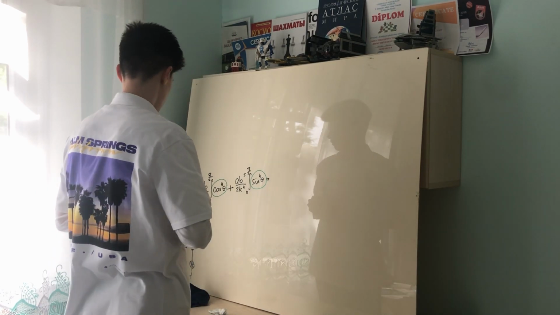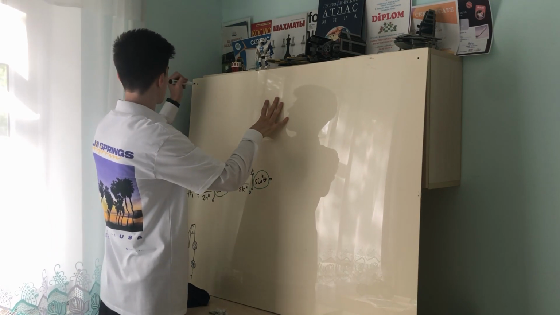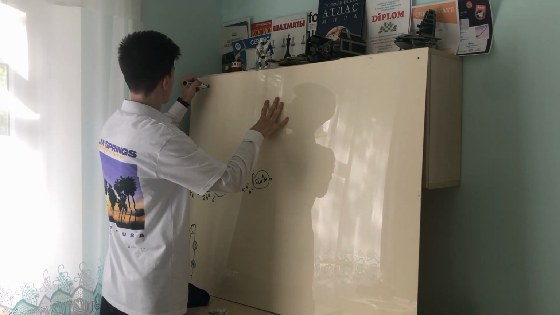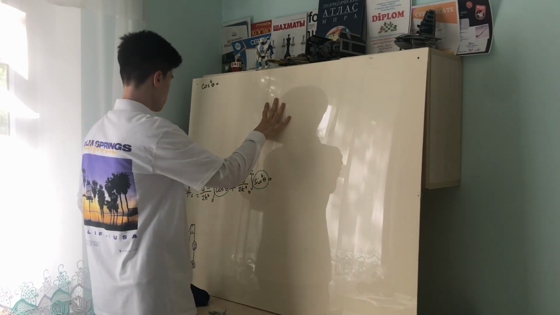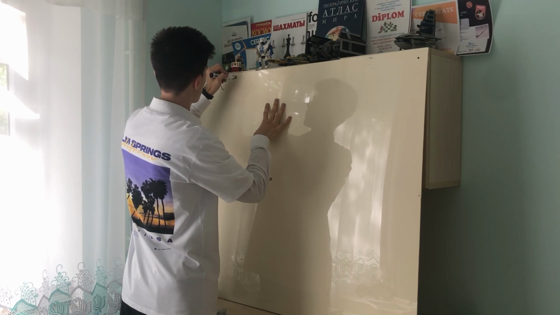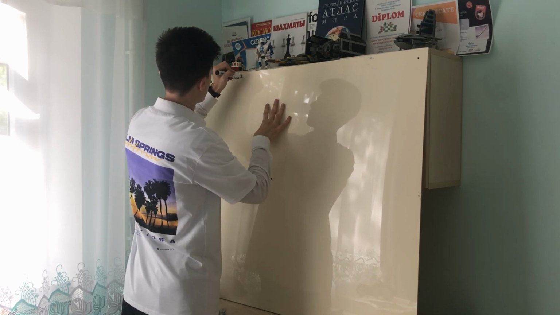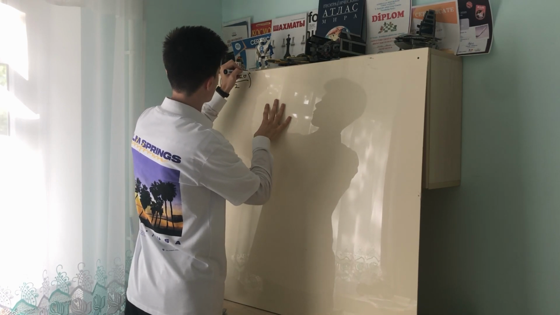So cosine to the 4 theta equals 1 plus cosine 2 theta over 2, squared.